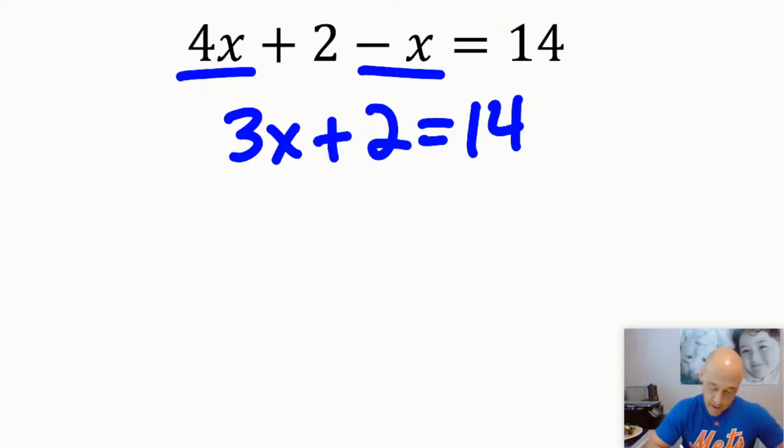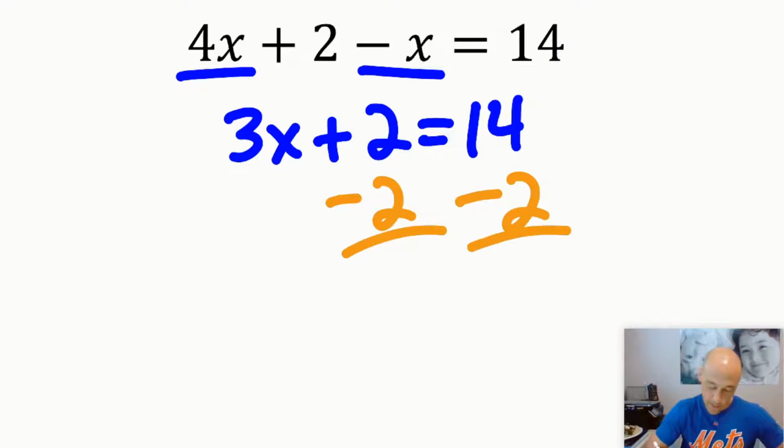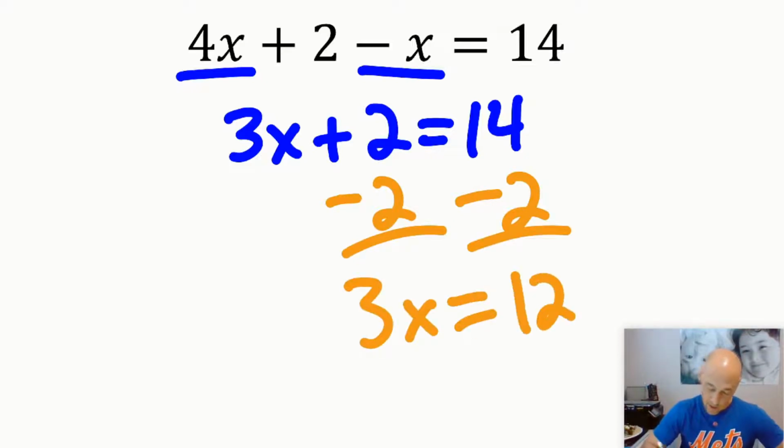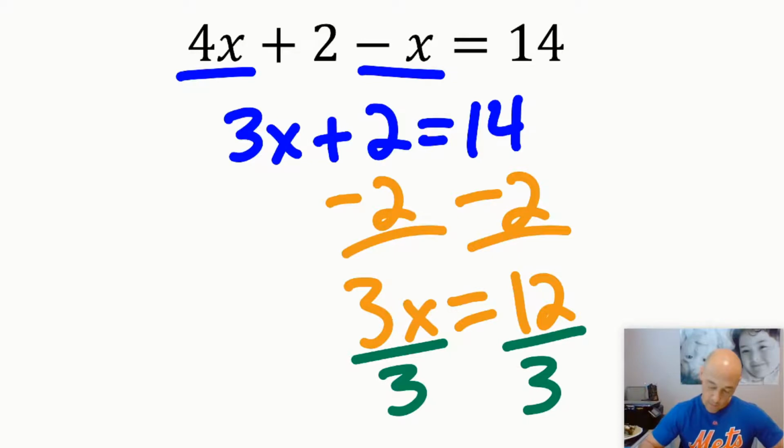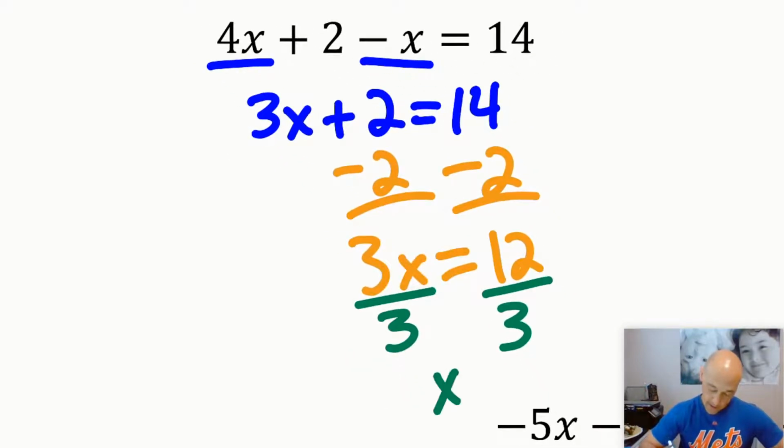The inverse is subtracting 2. When I subtract 2 from each side, I get 3x is equal to 12. Here, I'm going to divide by 3 to isolate my x term. And when I do that, I will get x is equal to 4. So 12 divided by 3 is 4. And that is my correction video.